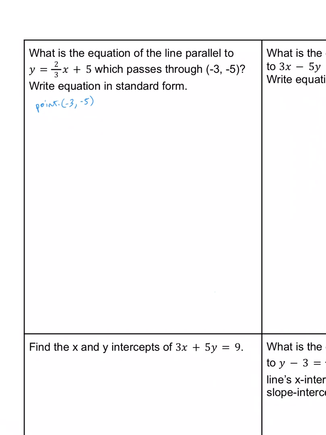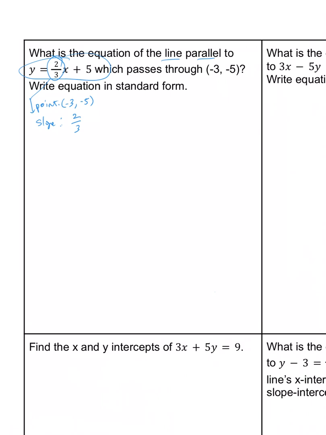The slope, we're told the line is parallel to this one, and that line is in slope-intercept form. Parallel means same slope. So the slope of my line then is going to be 2/3.